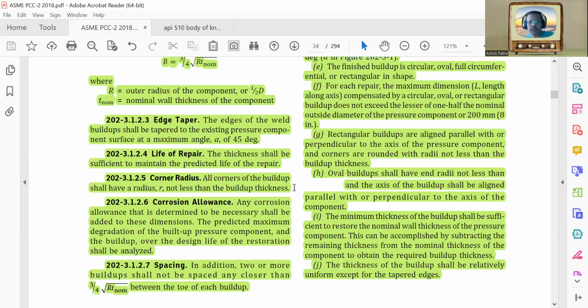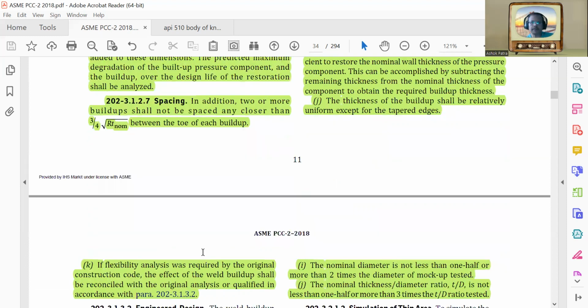Corrosion allowance. Any corrosion allowance that is determined to be necessary shall be added to this dimension. The predicted maximum degradation of the pressure component and the buildup over the design life of the restoration shall be analyzed. Spacing.